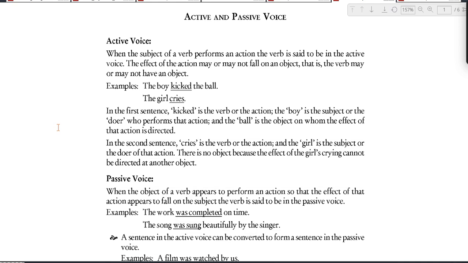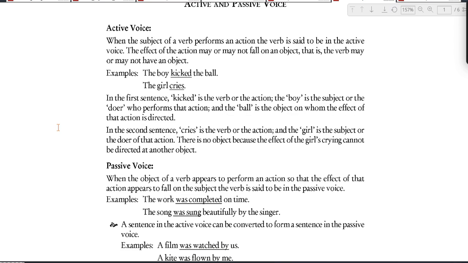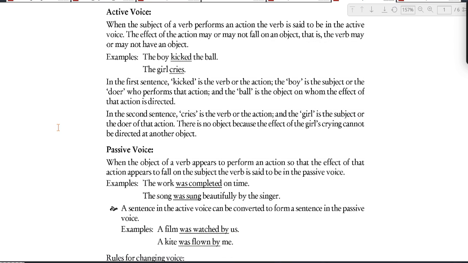So it doesn't need an object because it will not have any effect on another object, but kick gives effect wherever you are kicking. Passive voice occurs when the object of a verb appears to perform an action so that the effect of that action appears to fall on the subject. The verb is said to be in the passive voice.